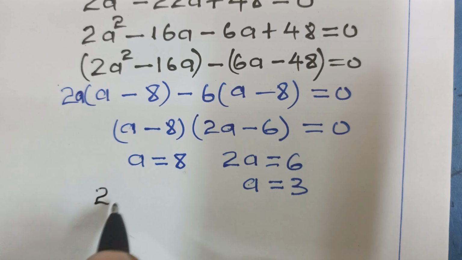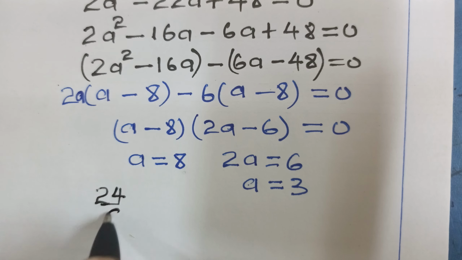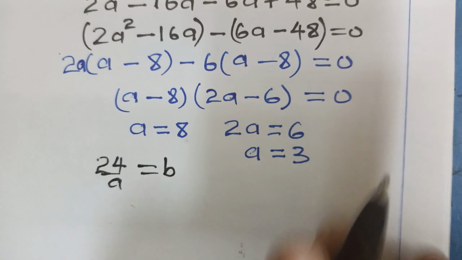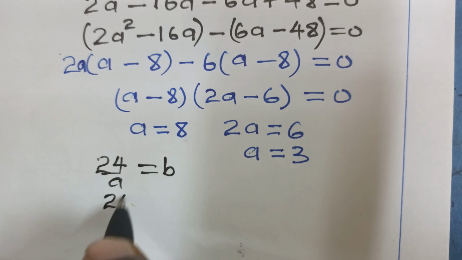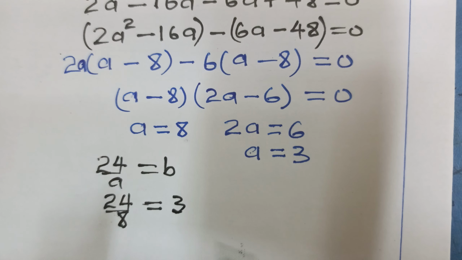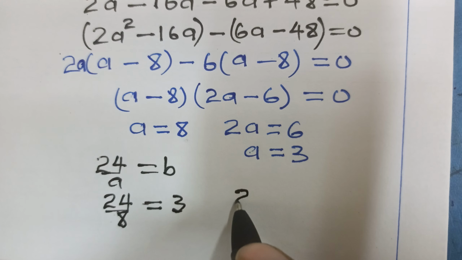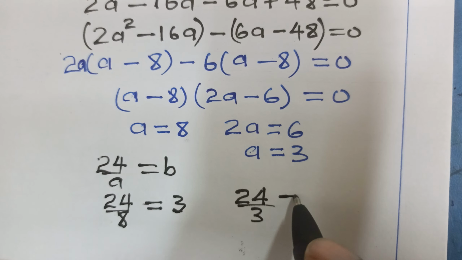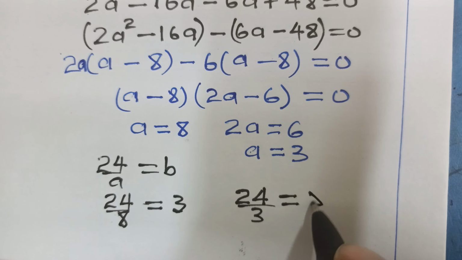That is, 24 over a is equal to b. And so this will give us 24 over 8 equals 3. And on this other side, we shall have 24 over 3. This comes now to 8.